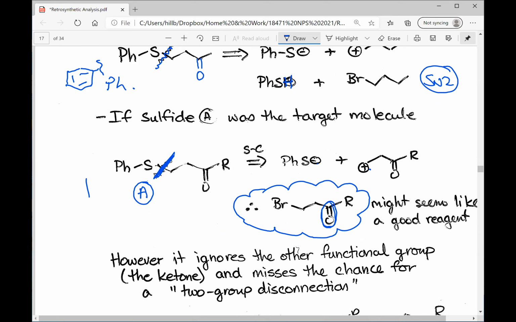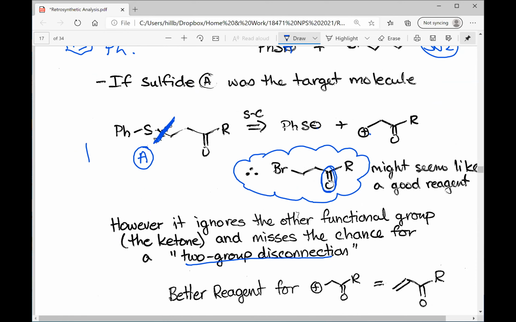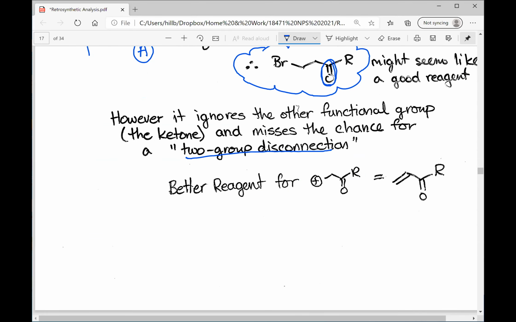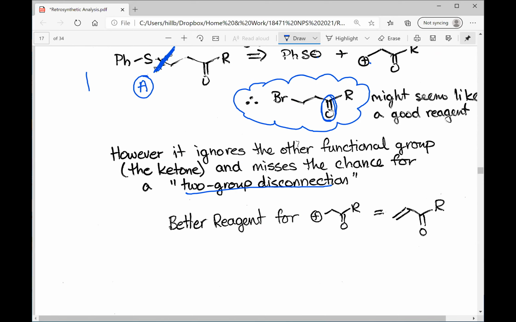So a two-group disconnection in this case would be to use this ketone in this reaction so that it helps out with regard to side reactions and that sort of stuff. So if you want to use this as your reagent, rather than putting a bromine on that, which would be kind of hard to make or more of a challenge to make, you could use an enone.